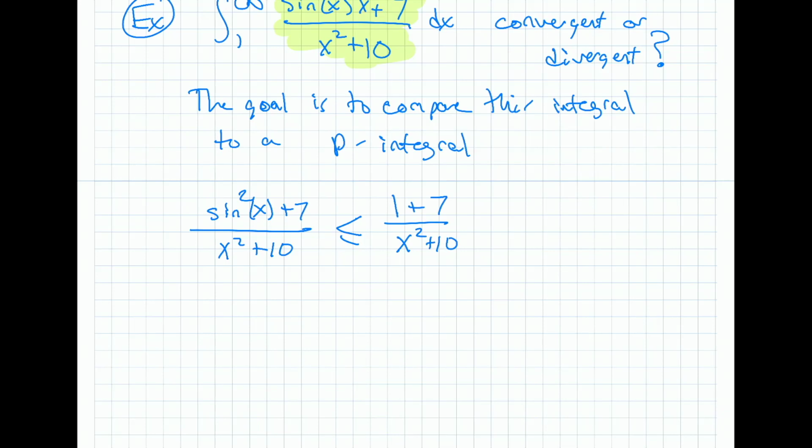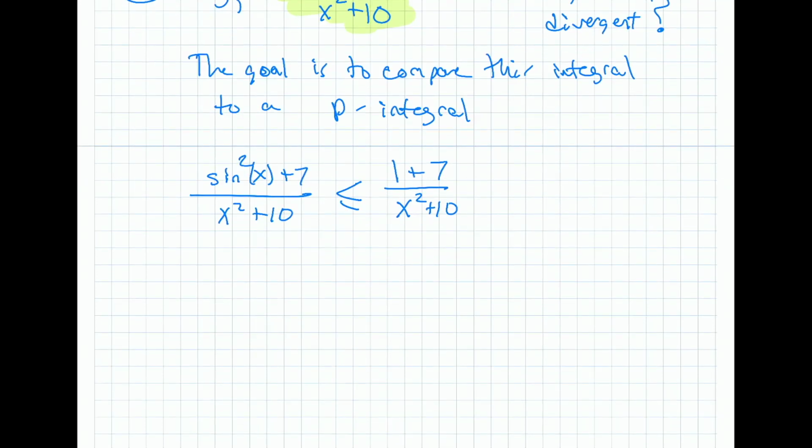I know that's true because sine squared x has to be less than or equal to 1, right? So if I replace the sine squared x with a 1, I made it bigger because sine squared x is smaller than 1. So that is 8 over x squared plus 10.